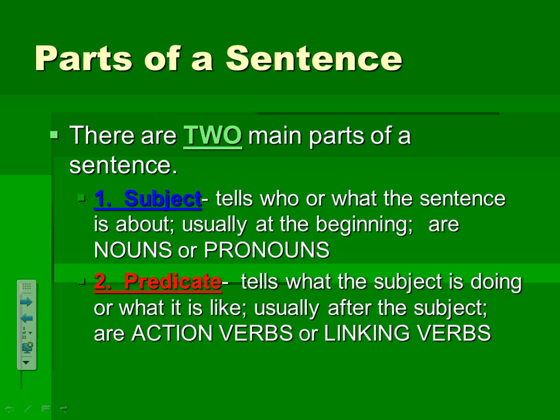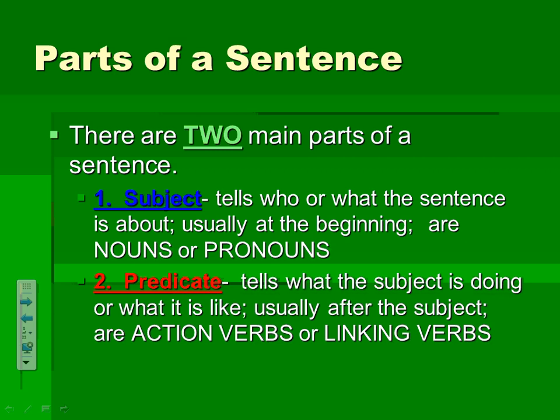And you see the last part of this definition says subjects are nouns or pronouns. Okay? And remember, there can be more than one. So we're going to have to be very careful when we identify those. The predicate, on the other hand, tells what the subject is doing or what it is like.